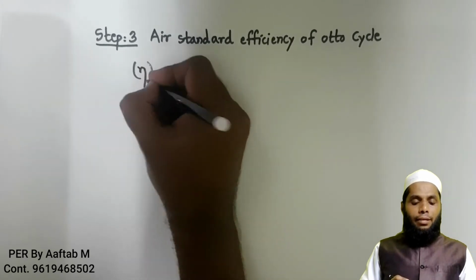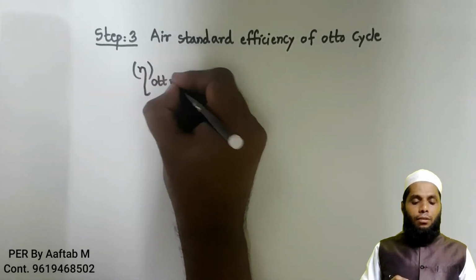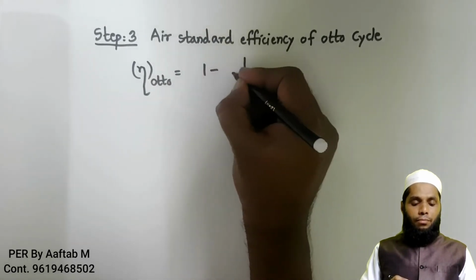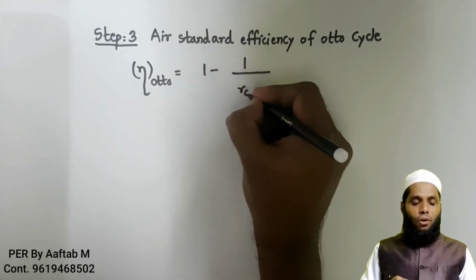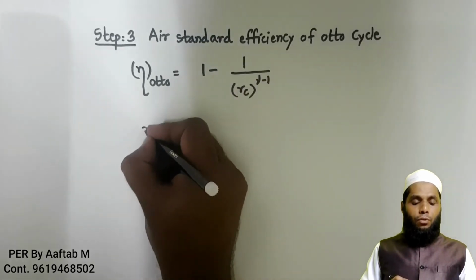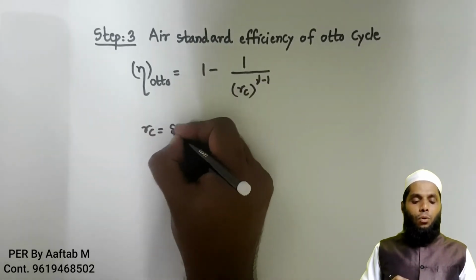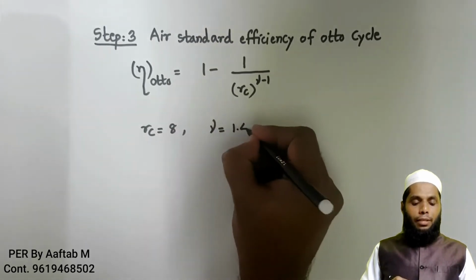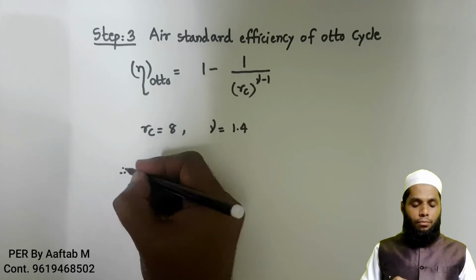For this air standard efficiency, we have the relation: efficiency of Otto cycle is equal to 1 minus 1 upon RC raised to power gamma minus 1.